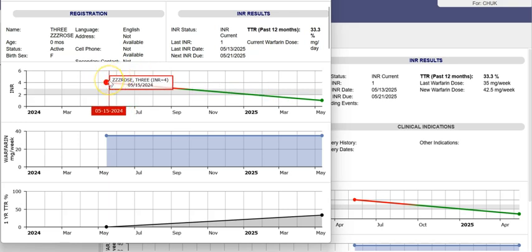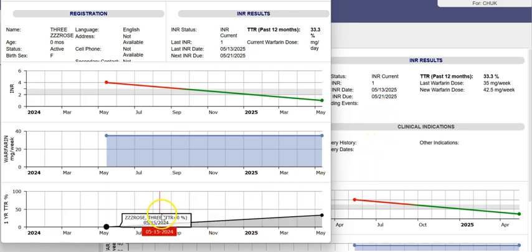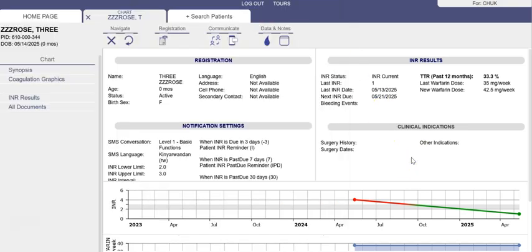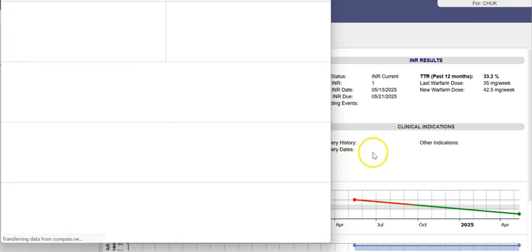So again, just like the previous 2 examples, none of the INRs are within therapeutic range. However, if you look at the TTR, it escalates over time. The reason for that is because the final TTR calculation is 33%. So a third of the time, the program is calculating that the INR was within therapeutic range.